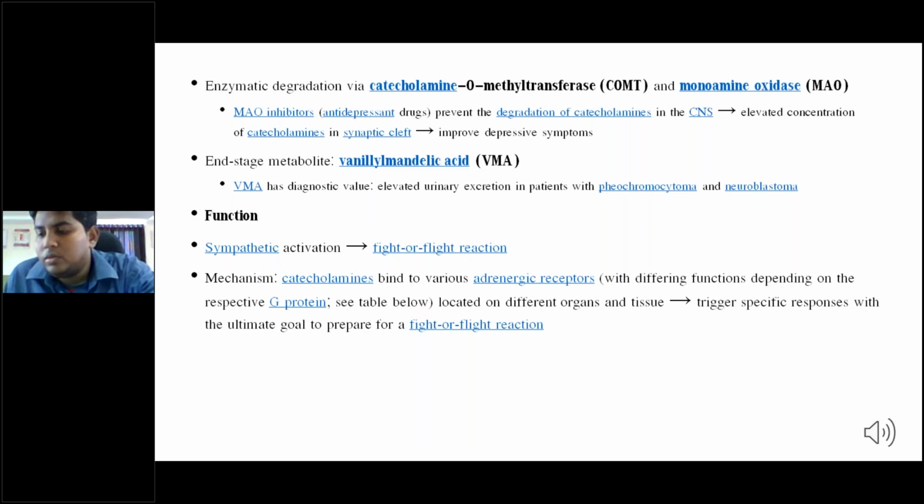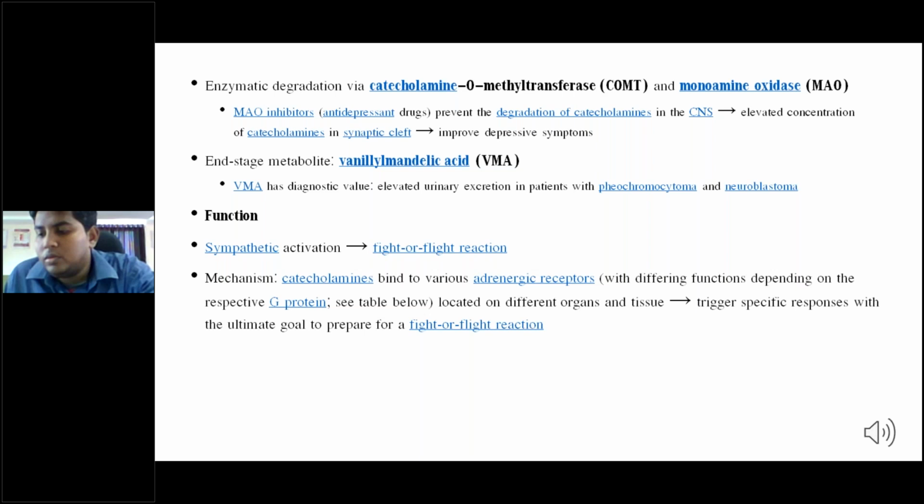It is used as a diagnostic test in pheochromocytoma, where there is excess secretion of catecholamines, and also in neuroblastoma. Increased VMA levels in urine is one of the diagnostic tests for pheochromocytoma. Sympathetic activation is one of the main reasons for the fight or flight reaction.